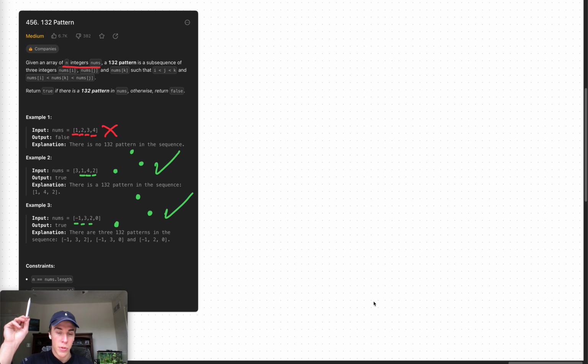So for example, i is not going to be the whole range. It's going to be from 0 to length minus 2, not inclusive. And then have those three nested loops. Within that nested loop, we would have a condition that if nums[i] is smaller than nums[k], smaller than nums[j], then return true.